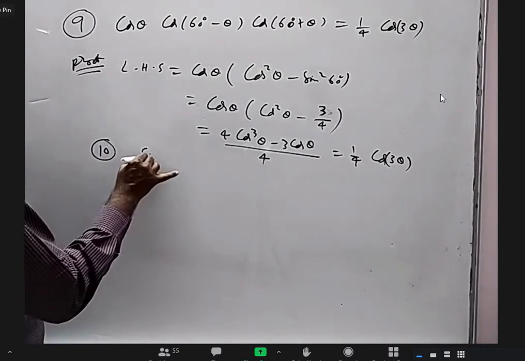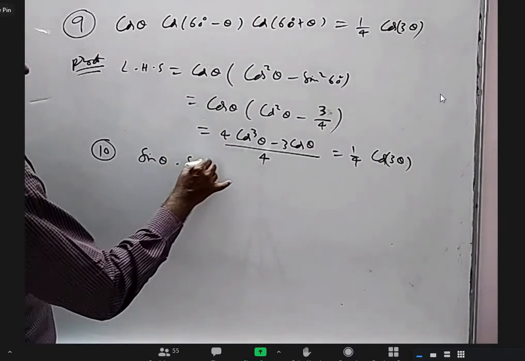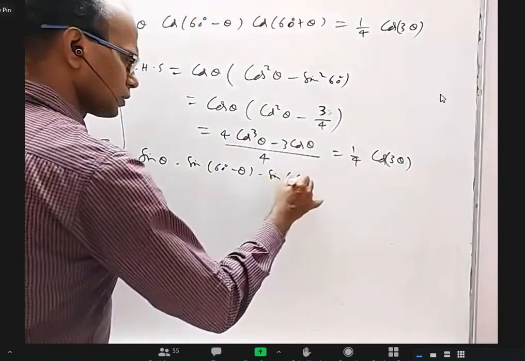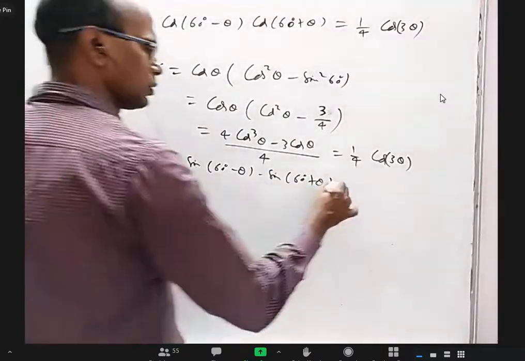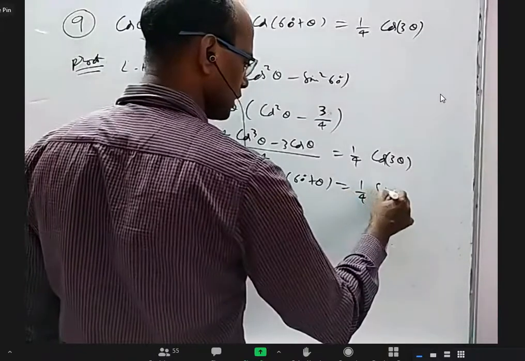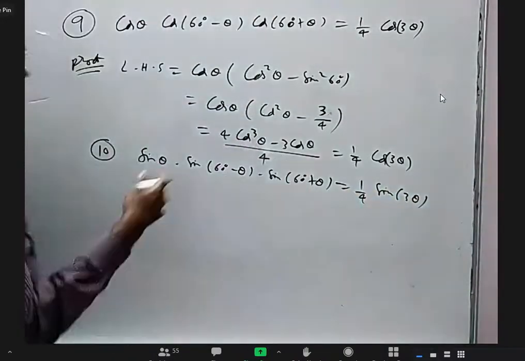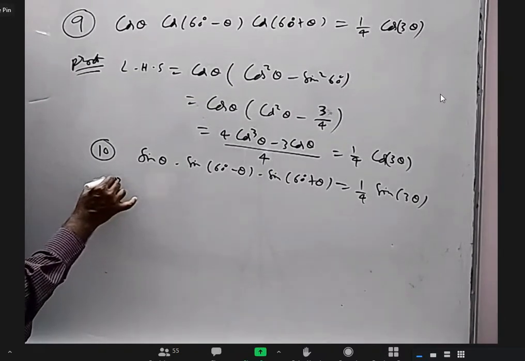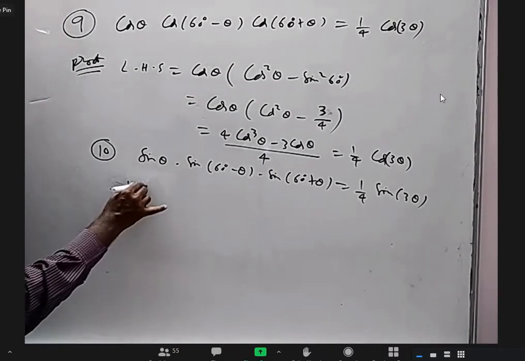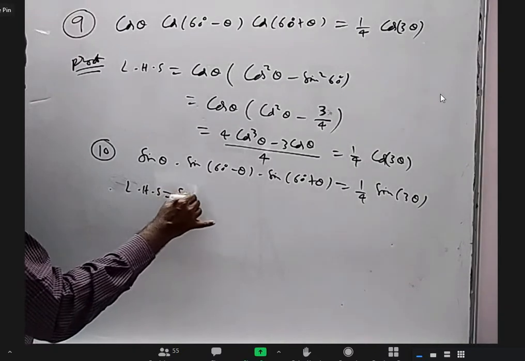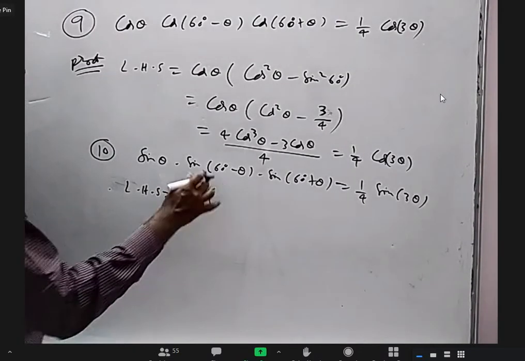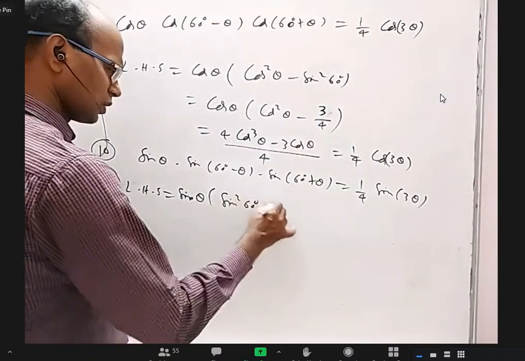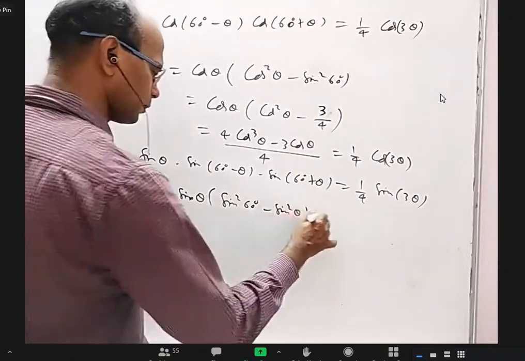Okay, similarly, we have sin theta into sin 60 minus theta into sin 60 plus theta is 1 by 4 sin 3 theta. You can do it the same way with sin A minus B into sin A plus B, which is sin square A minus sin square B. We'll get sin theta into sin square 60 minus sin square theta.